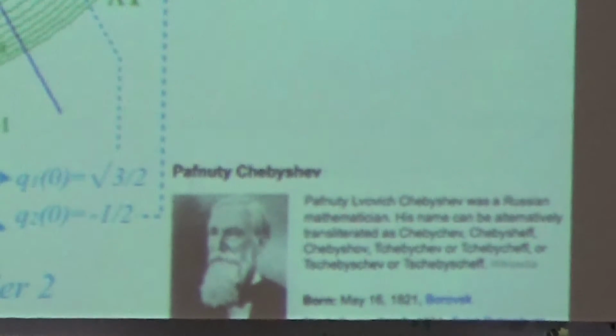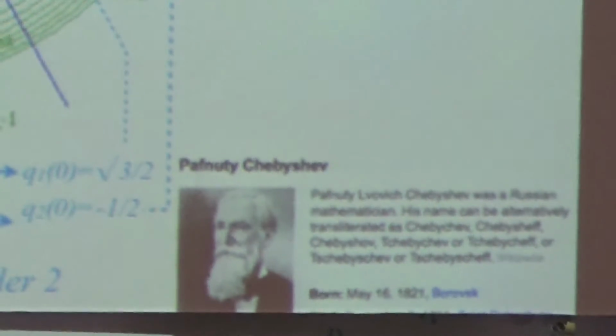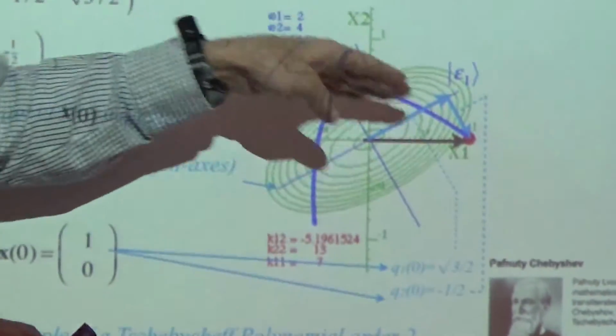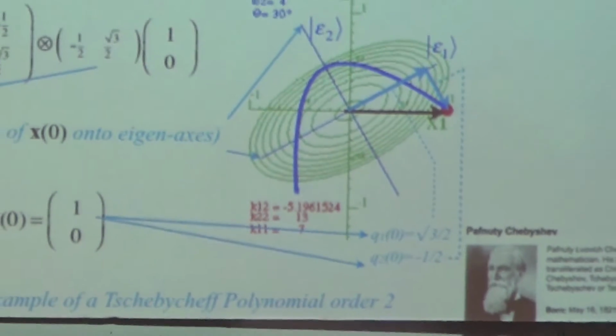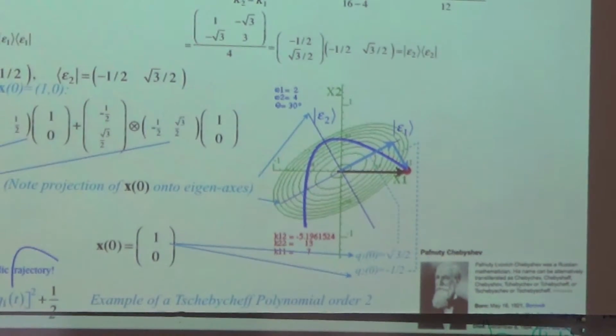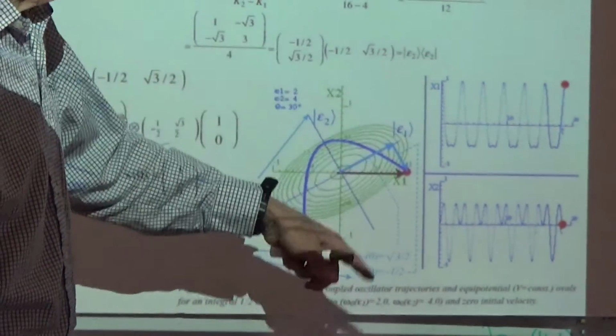I mispronounced every one of those. But it's a famous guy that did all kinds of wonderful stuff. And this is the simplest non-trivial one that shows up with a combination of sine and cosine. I have a frequency ratio of 2.